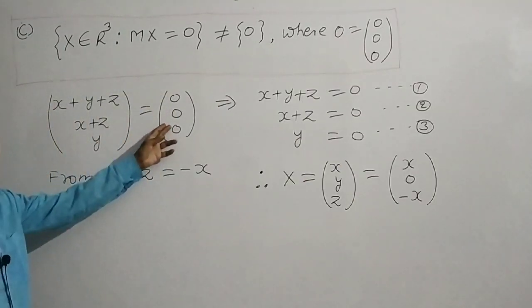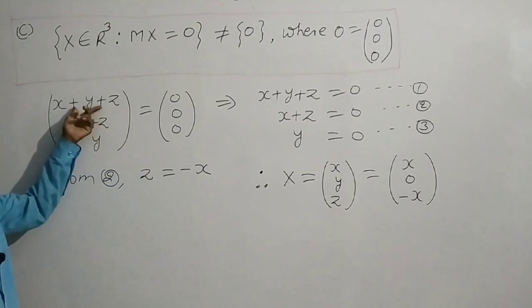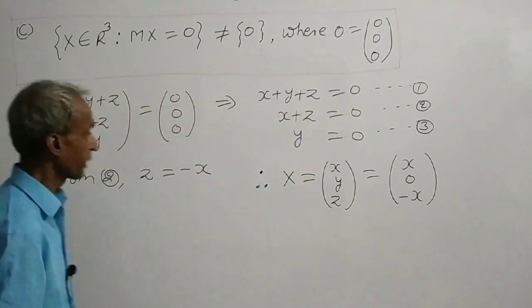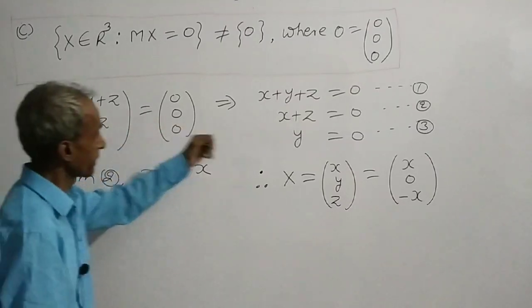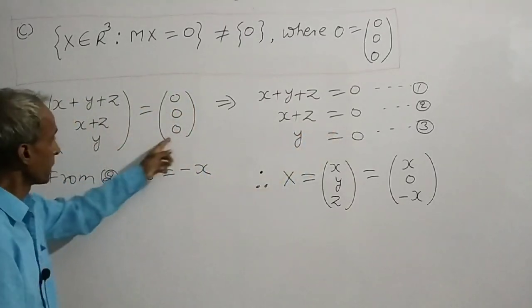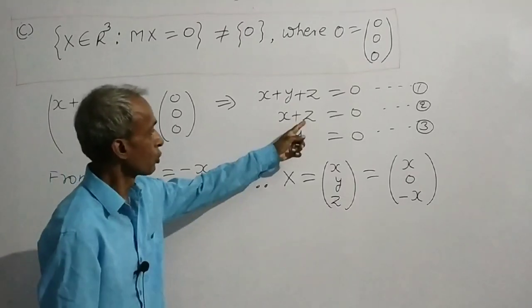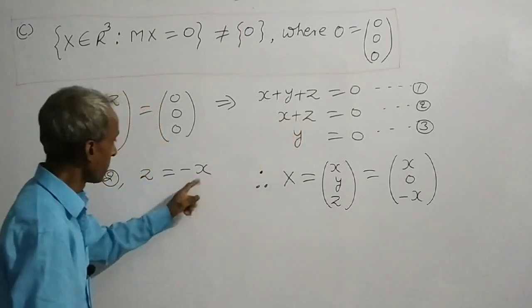Two matrices are equal, therefore element at this position will be equal to element at this position. Similarly, X plus Z will be 0, Y will be 0. From 2, Z is equal to minus X.